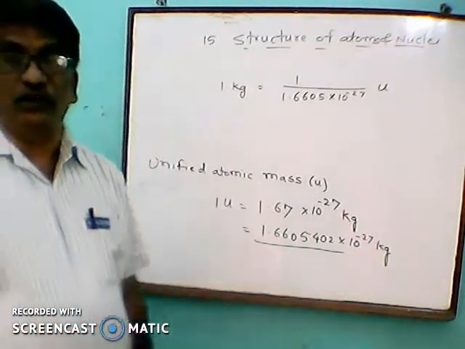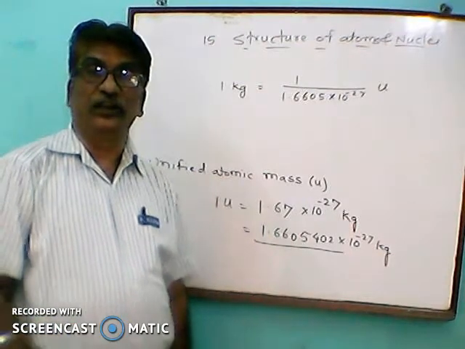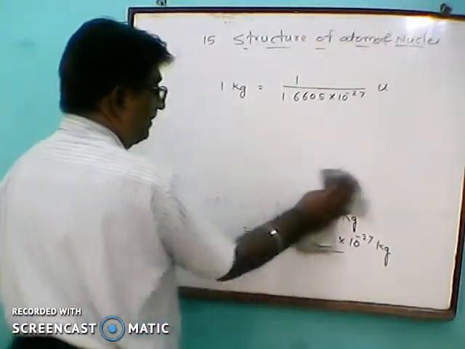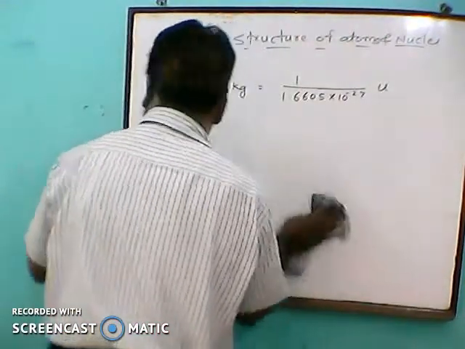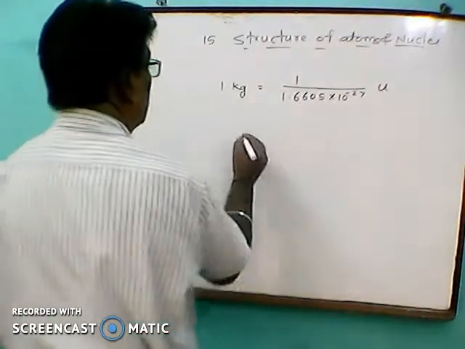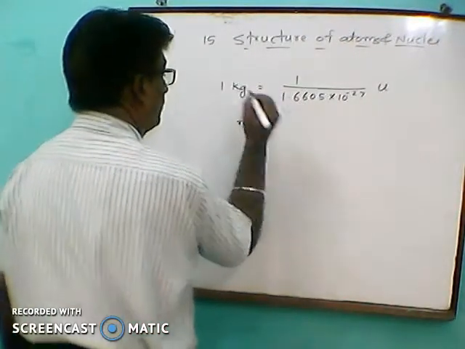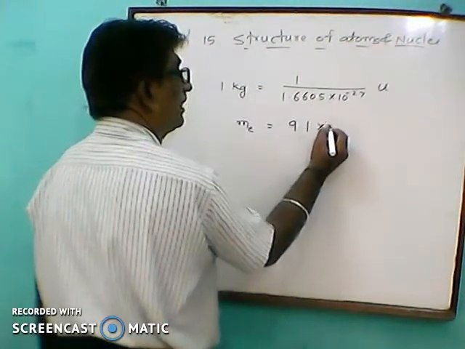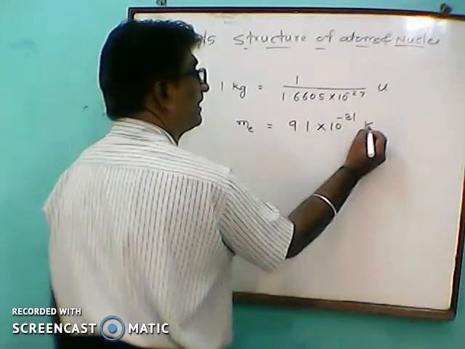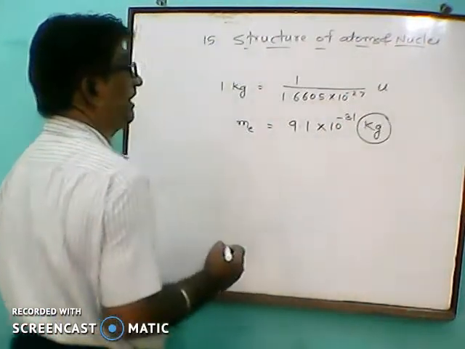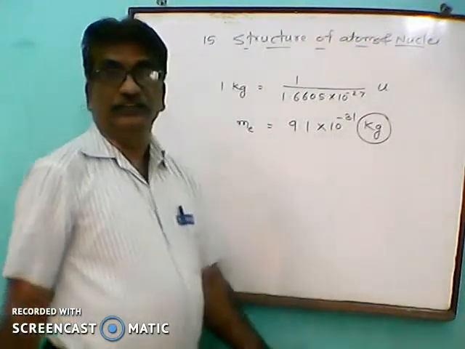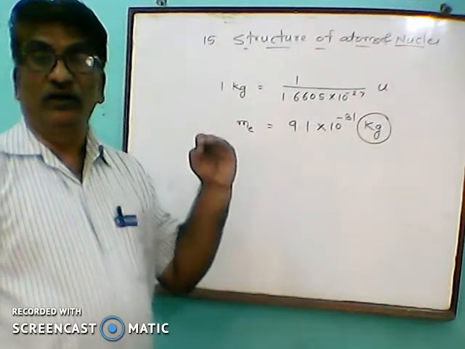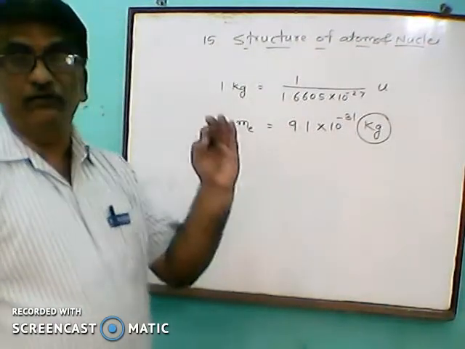For calculation of the atomic mass unit of electron, we know that the mass of electron is 9.1 into 10 to the power minus 31 kg. If we substitute the value of 1 kg, we can find the mass of electron in unified atomic mass unit.